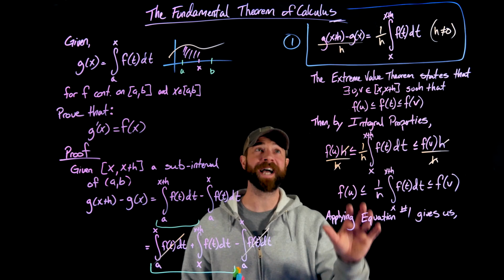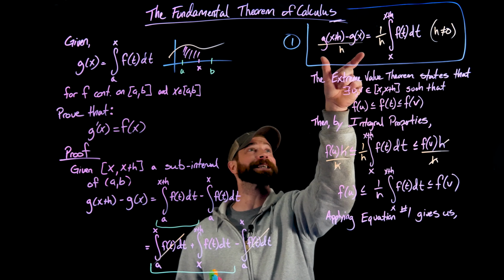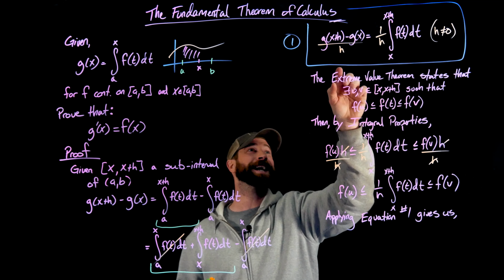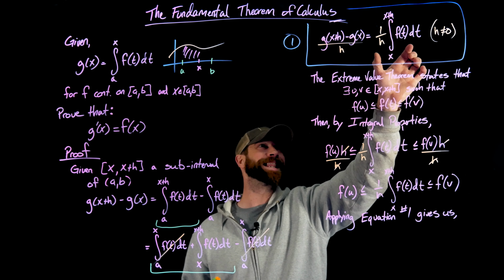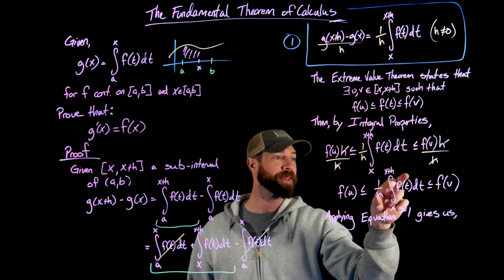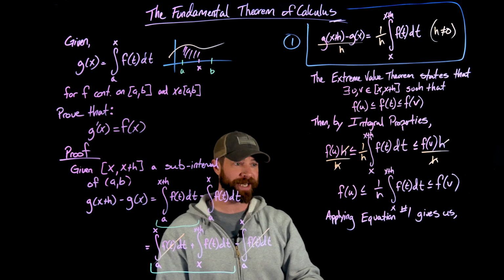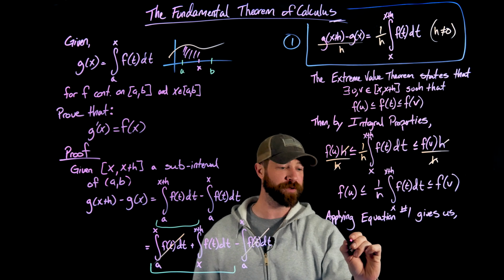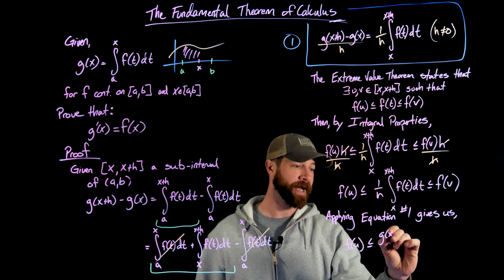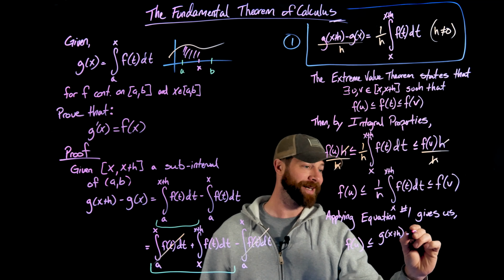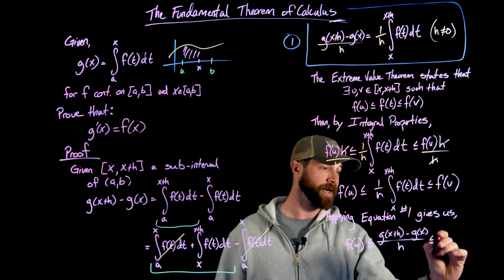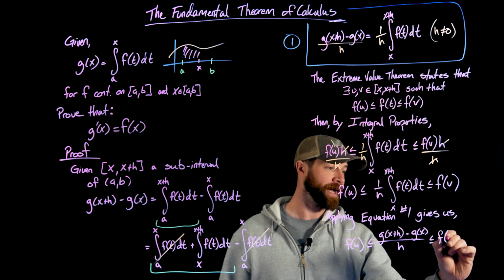Then, if I apply the equation number 1, I have the fact that this expression, g of x plus h minus g of x over h, is equal to this. This expression is the middle of this inequality, so I'm going to substitute this with this expression right here to get that f of u is less than or equal to g of x plus h minus g of x all over h is less than or equal to f of v.